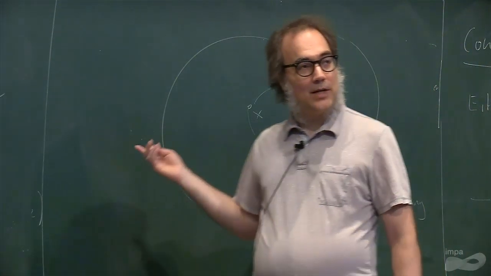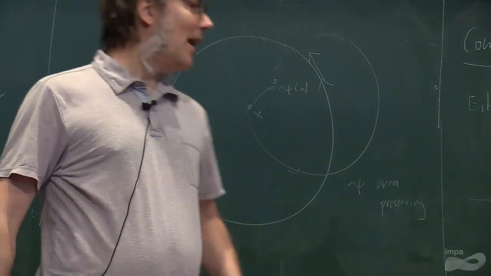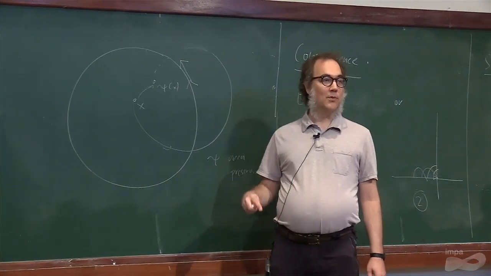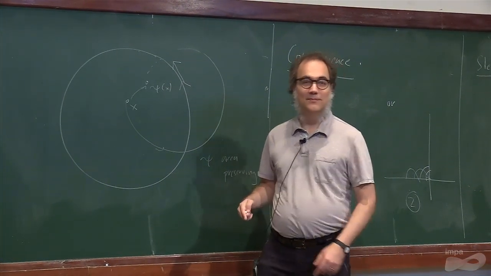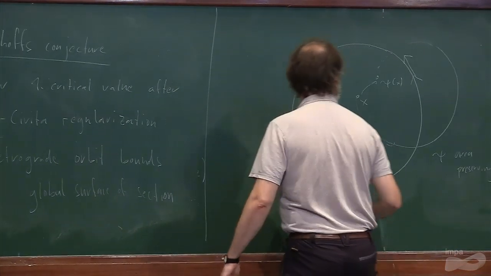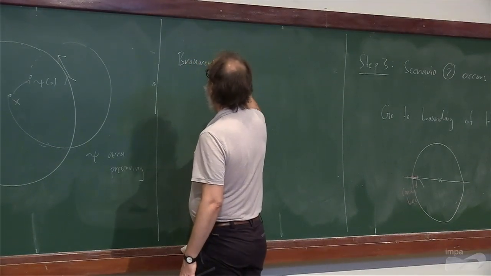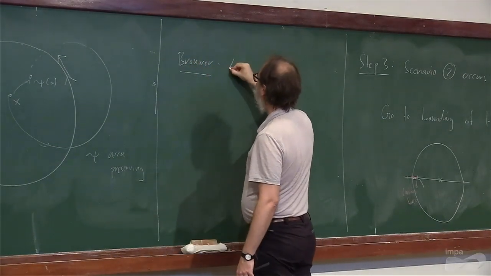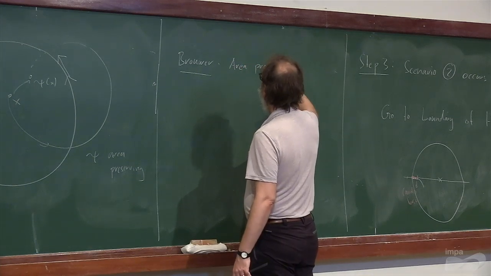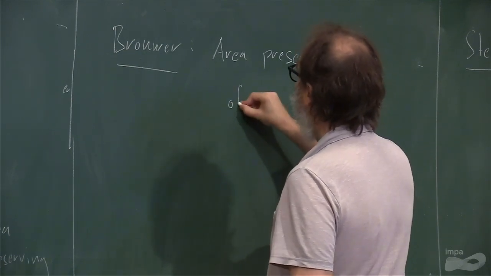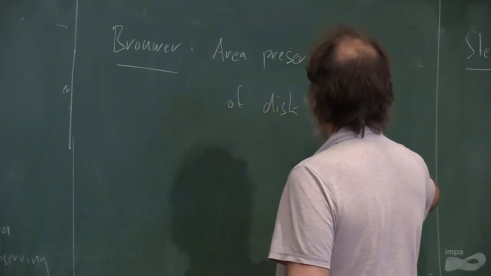And now shortly before Birkhoff formulated his conjecture, Brouwer proved that an area preserving map of the disk has a fixed point.